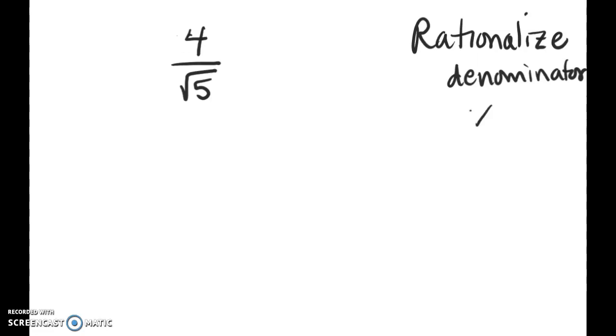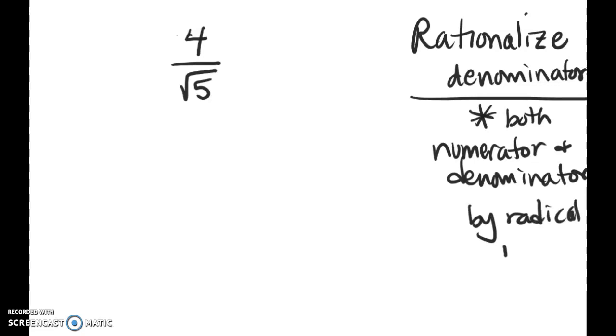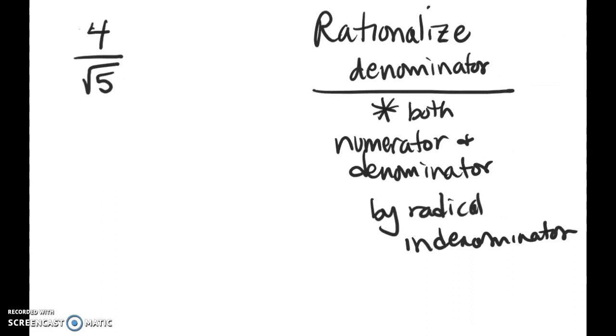Rationalizing the denominator means you multiply both the numerator and the denominator by the radical in the denominator, or the square root in the denominator. So you want to multiply both the top and the bottom by, we have square root of 5 here, so I'm going to multiply by square root of 5 over square root of 5.